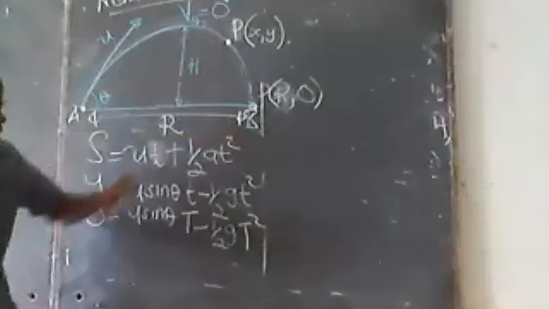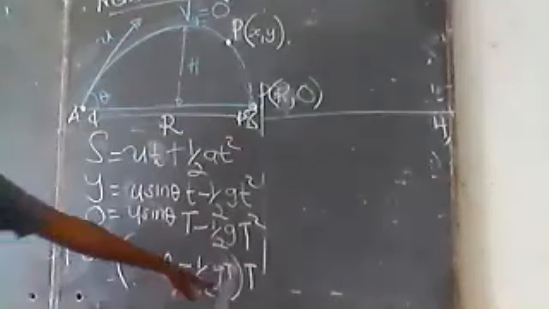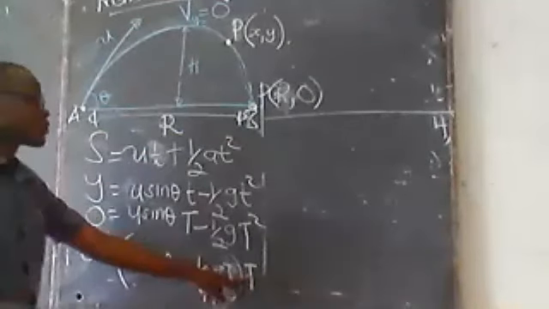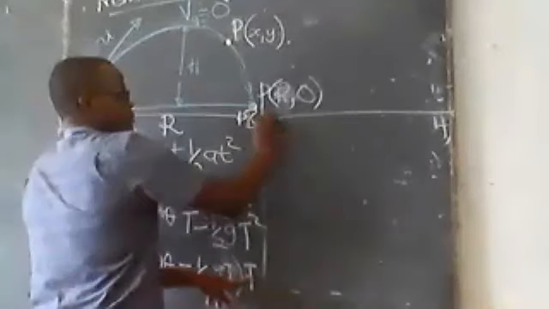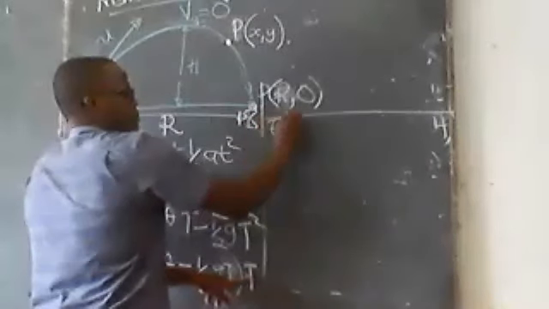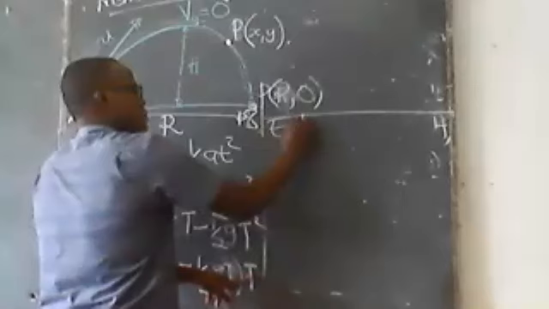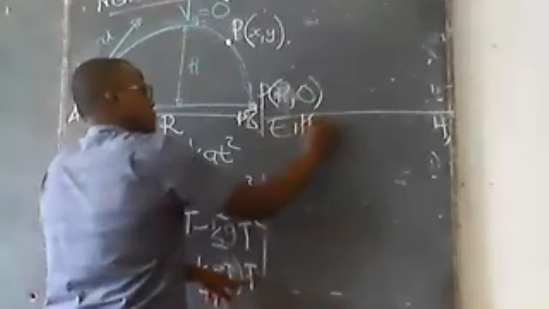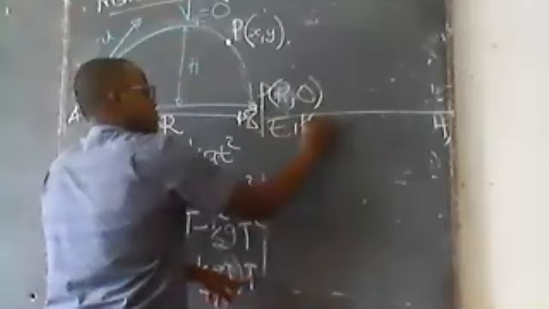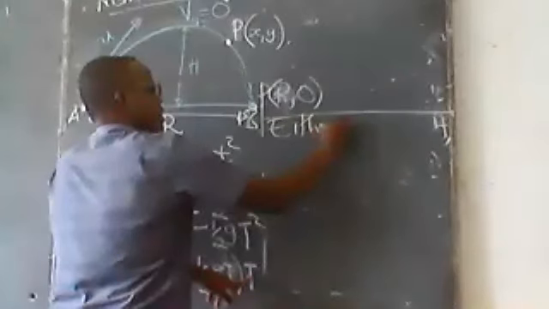So from this equation, we see that either capital T is equal to 0, or the whole of this bracket is equal to 0, which is u sine theta minus a half g t equals 0.